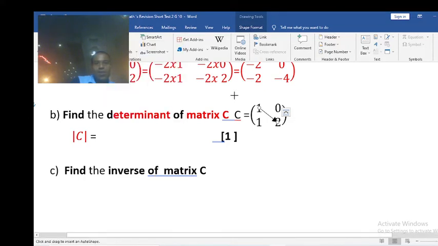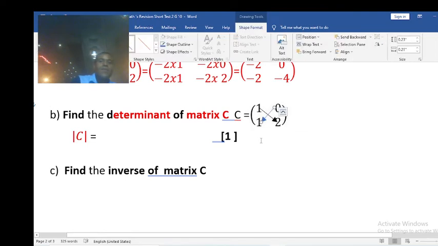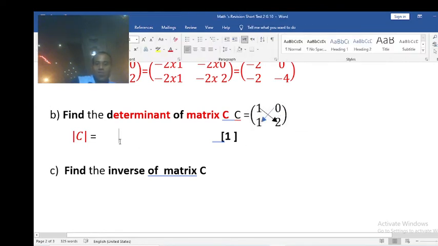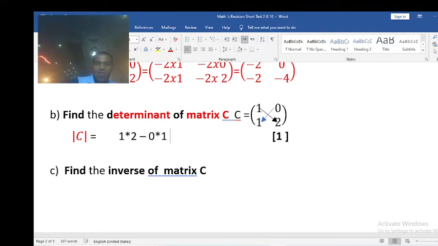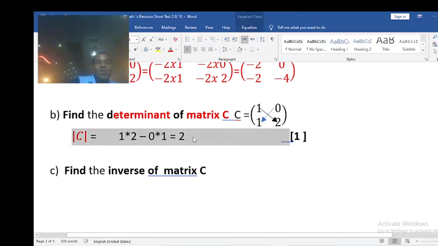Means you are going to multiply 0 by 1. So the answer is 1 multiply by 2, then minus 0 by 1. It's a simple calculation, it will be equal to 2. So now the correct answer is equal to 2.